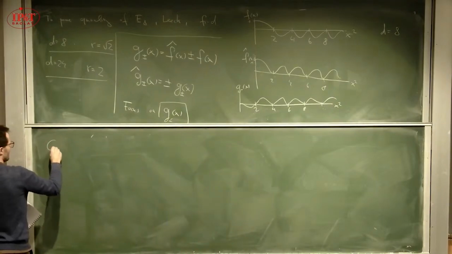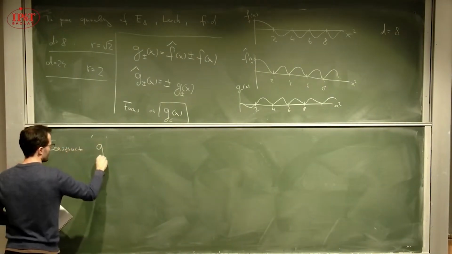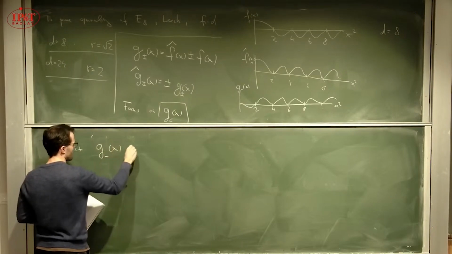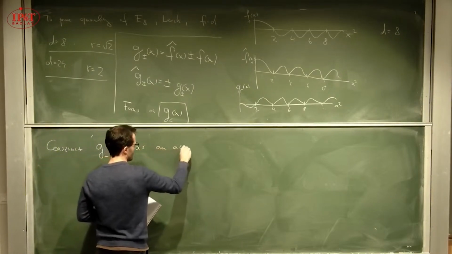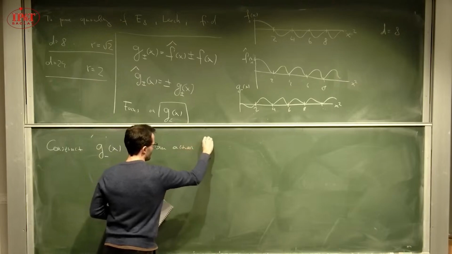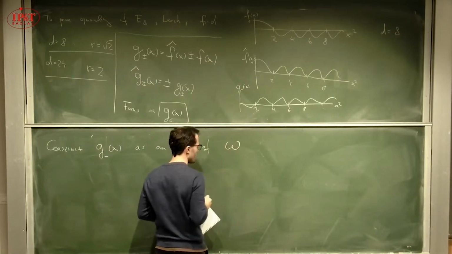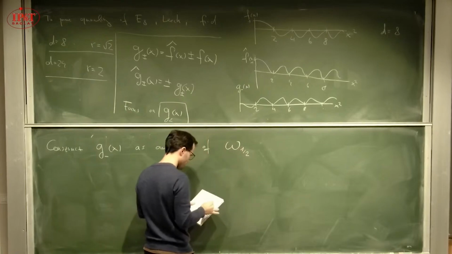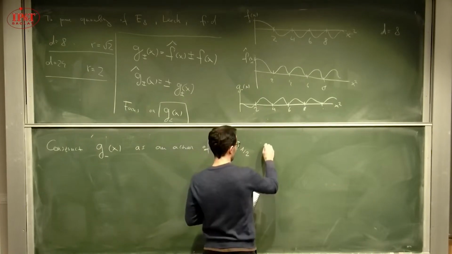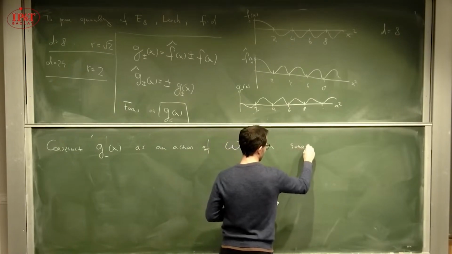So we need to construct G minus as an action of the omega that was at the beginning of the lecture for delta phi equal to 1/2 on some function.